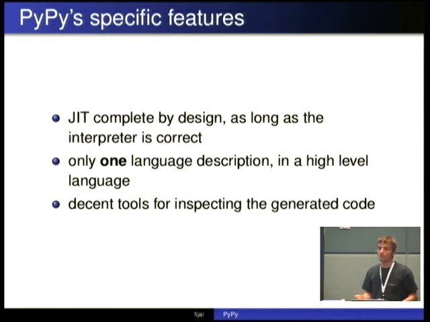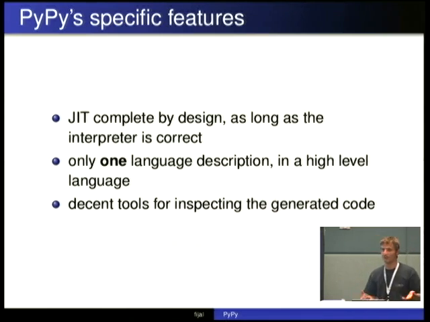So the JIT is complete by design. As long as our interpreter is correct and our JIT has no bugs, the JIT will be correct for the interpreter, which means it's also complete. JavaScript has these problems where they didn't implement some obscure case, and suddenly your JavaScript code ran into a place where they don't JIT and say, ooh, no, we don't support exceptions.